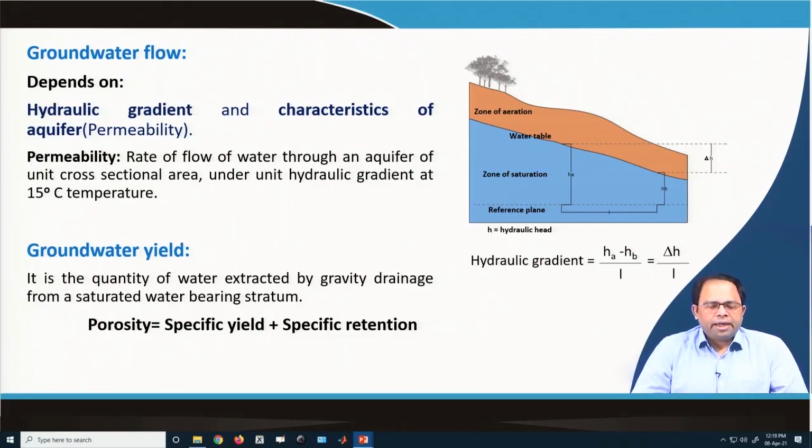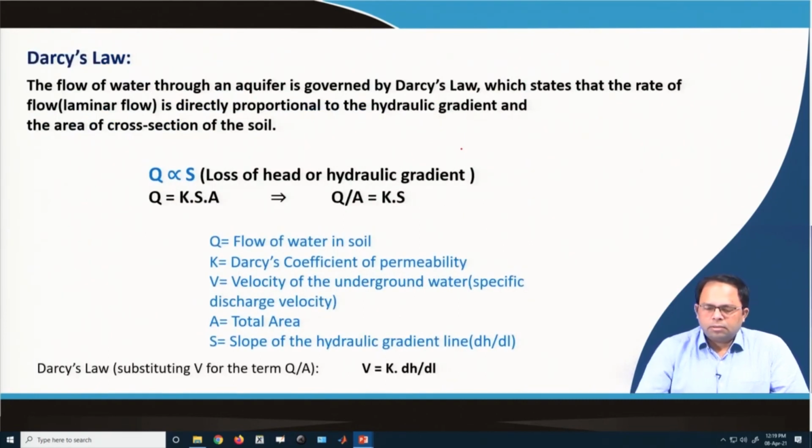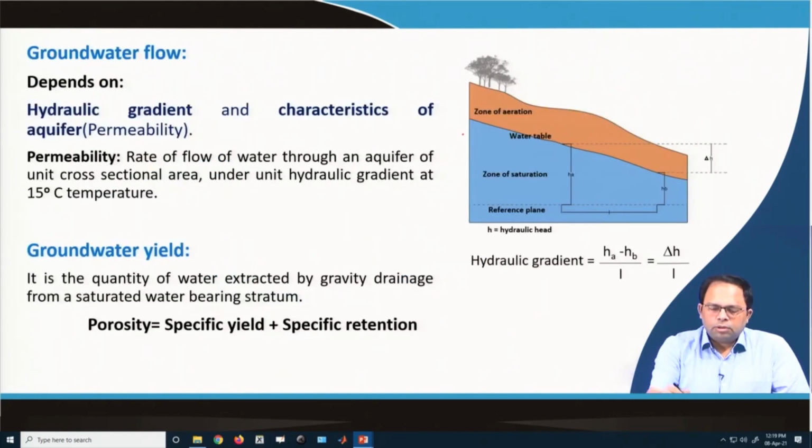Hydraulic gradient is basically this: whenever we have an aquifer, like you can see in this particular image, this blue zone is the aquifer, and you can see the level of the water table in this aquifer.